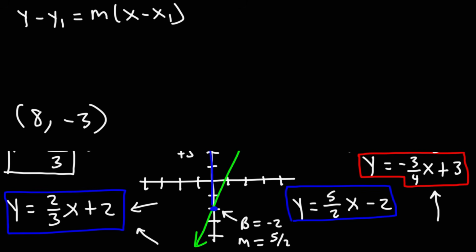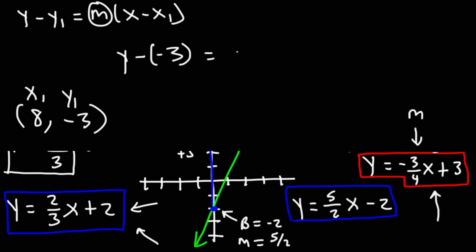So now how do we use this? So we have m, we have x1 and y1. All we got to do is replace these three variables. So it's going to be y minus y1, which is negative 3, equals m, which is negative 3 over 4, times x minus x1, which is 8.